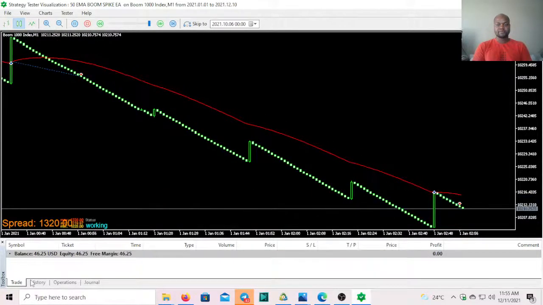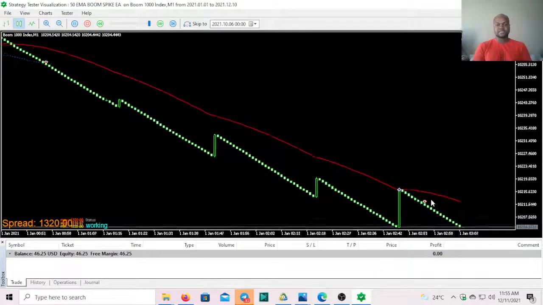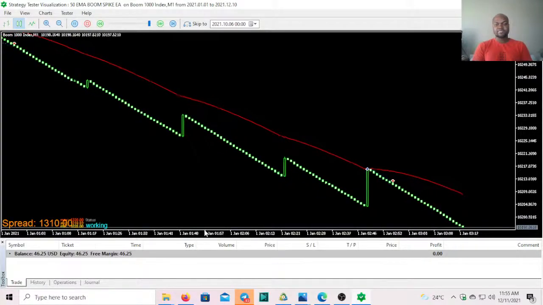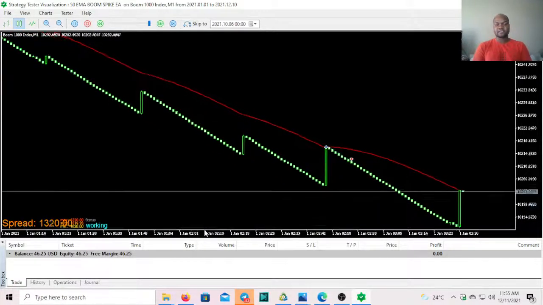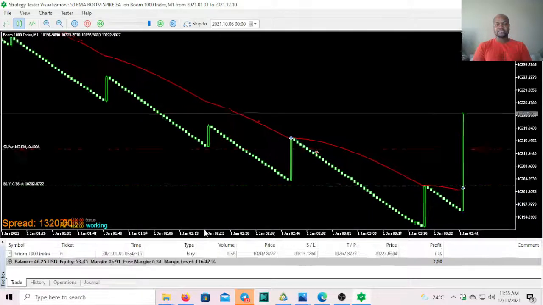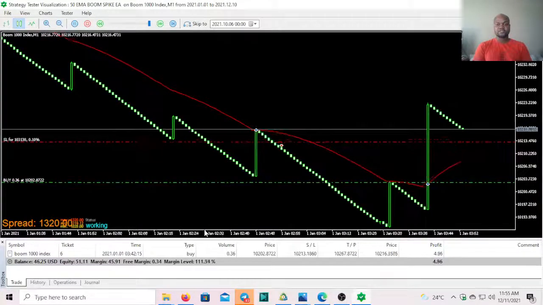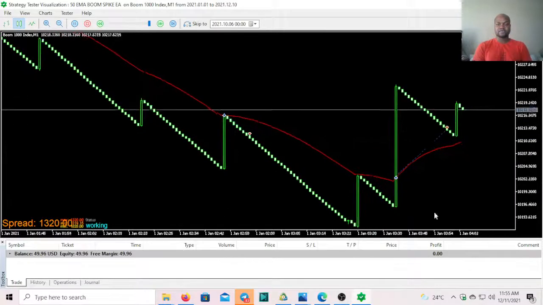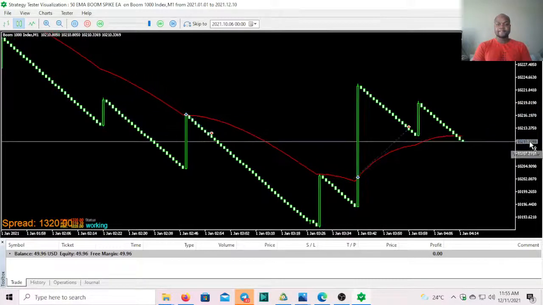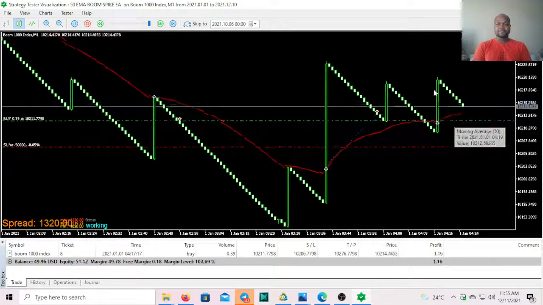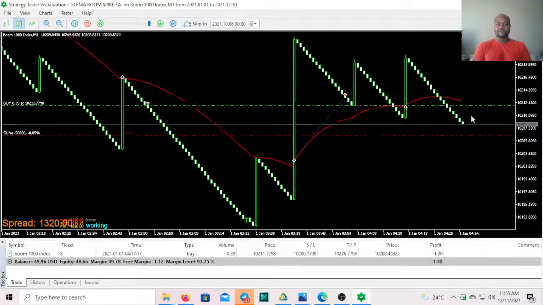It opened up a buy, but unfortunately there was nothing. The good part is you can adjust the take profit, the stop loss, and the trailing stop. You can see here it was able to catch a spike, and here there is a crossing. It opened up a buy.